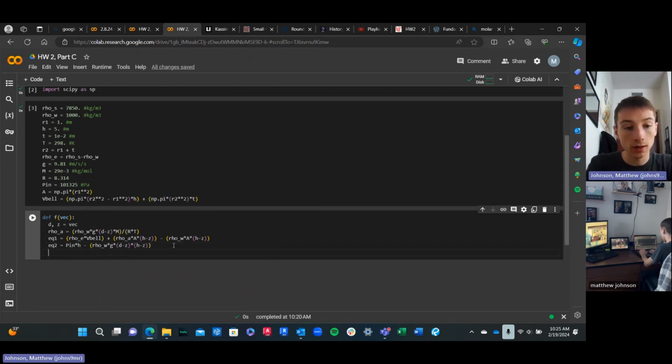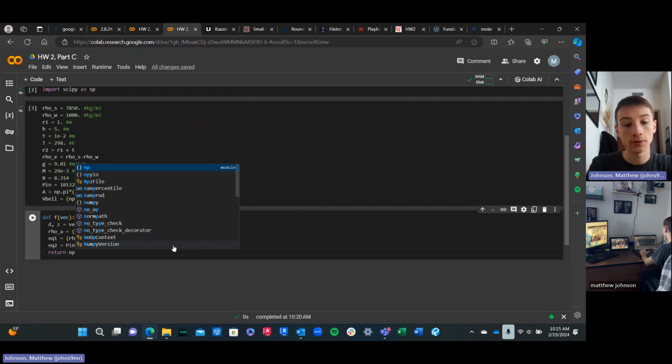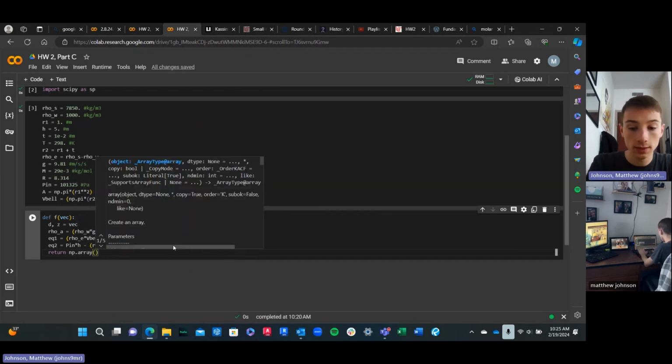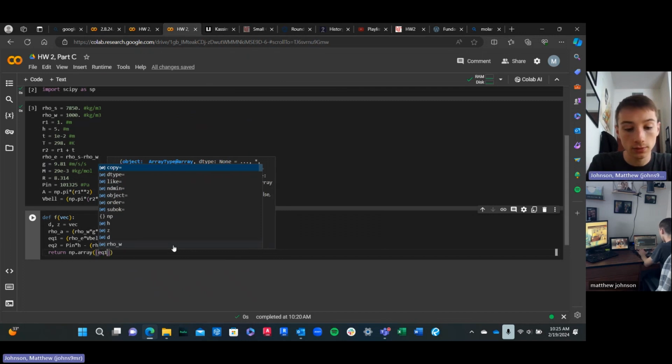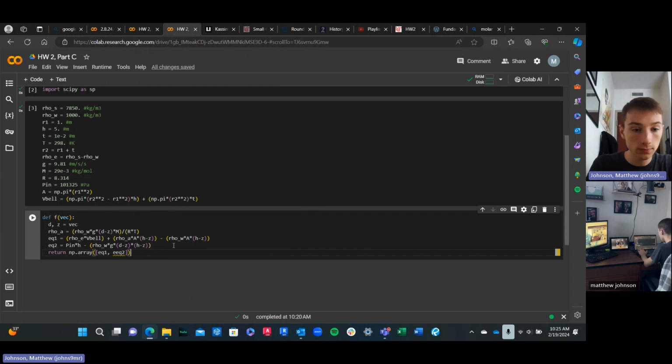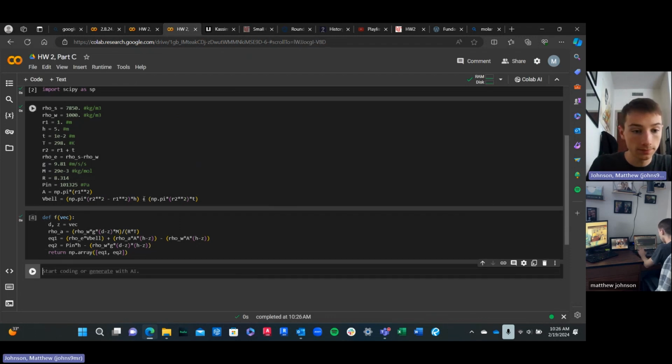And then obviously when we call this function, we want to return an array for the SciPy optimize root function of equation one and equation two. So it's going to be equation one, equation two. Oh, that is not equation two. There we go.